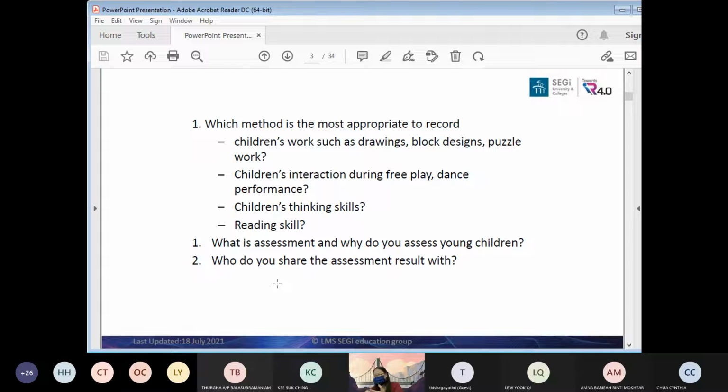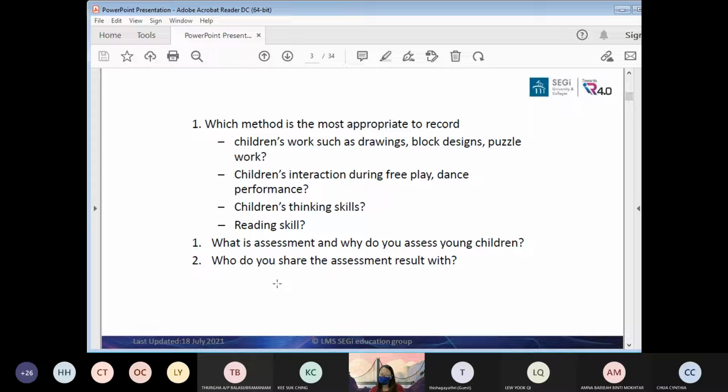And then you will plan for a suitable curriculum for this child, a suitable activity for this child. What else can you do?